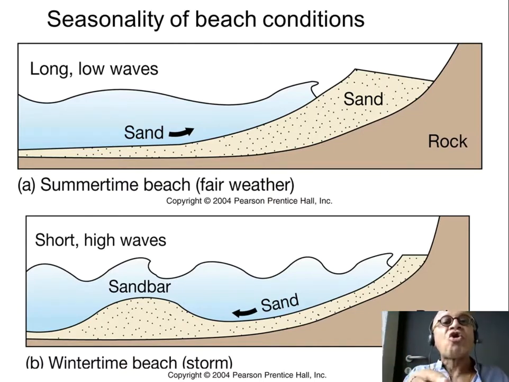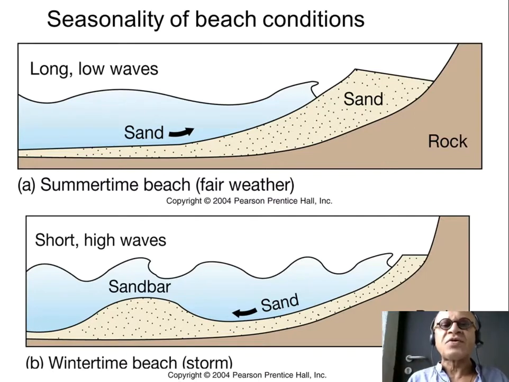Long, low waves are going to have a flow up the beach that is nice and smooth. The water is going to sink into the sand. That's called swash, and then gravity is going to pull the water back, and that's called the backwash. So if the waves are nice and long and they come in and they soak slowly and they wash back slowly, then they keep bringing in the material and keep building the beach face and the berm.